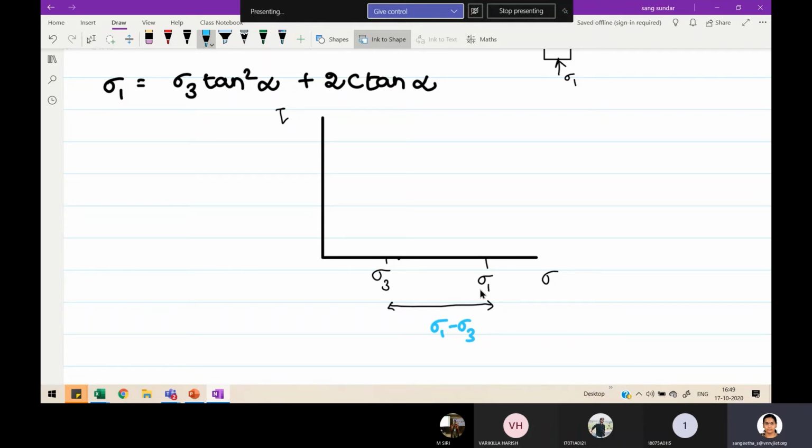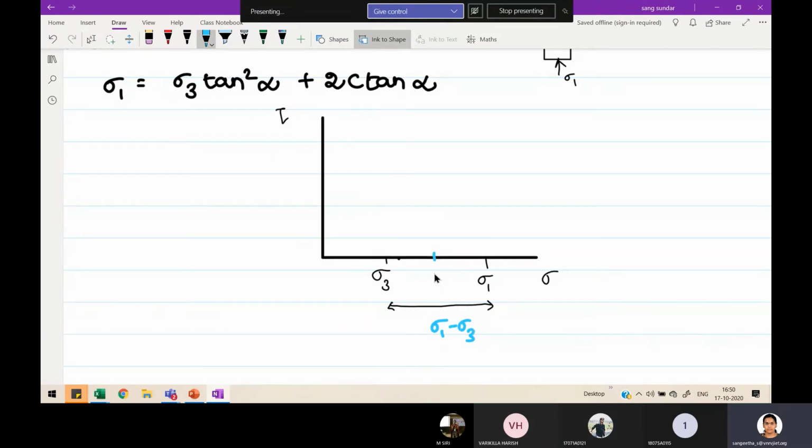If this is sigma 1 and this is sigma 3, how much is this distance? Sigma 1 minus sigma 3. See, if this is 3 and this is, say, 5, how much is this length? 5 minus 3, right? You remember graph sheets. So this is sigma 1 minus sigma 3. Take the center.